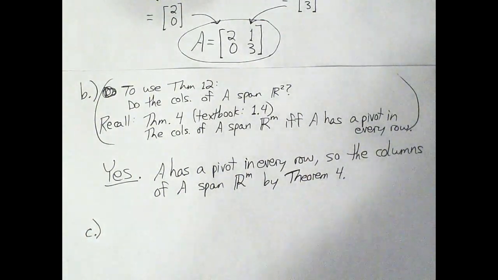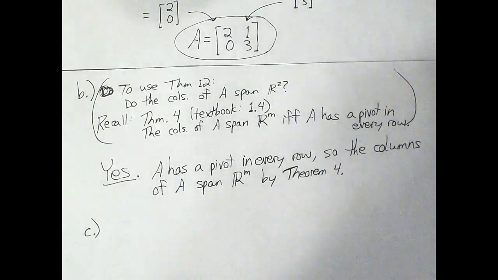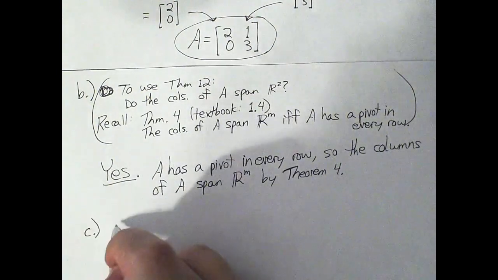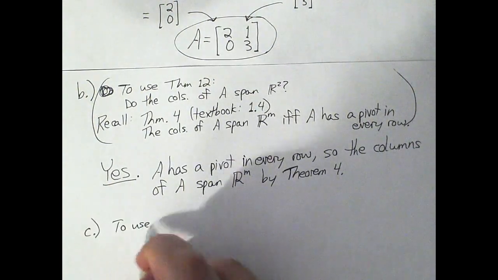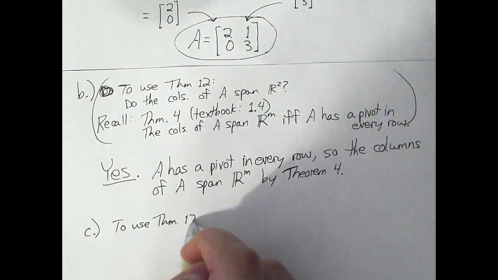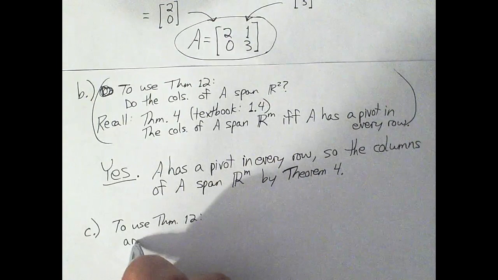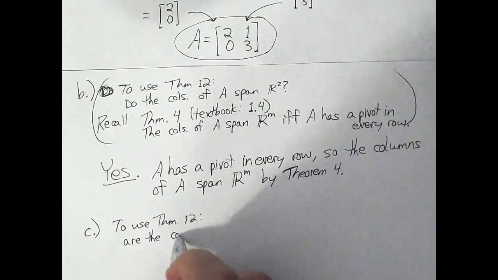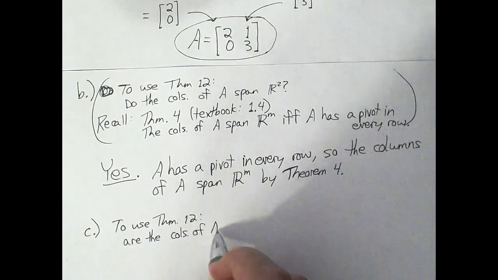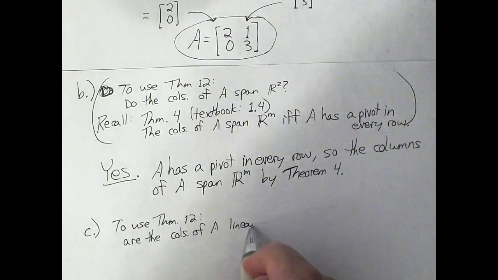Next part is, is T one-to-one, and I'd like to use theorem 12. So to use theorem 12, are the columns of A linearly independent?